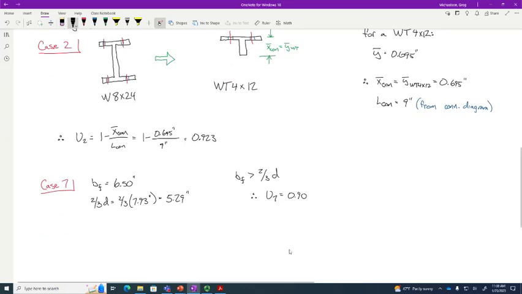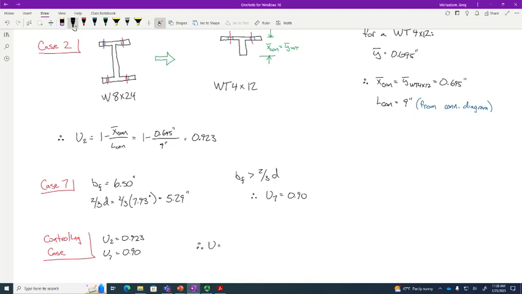So, what's our controlling case? We have U2 is 0.923, U7 is 0.9. Man, in that diagram, 7 looks like a 2. So, what do we use for U?